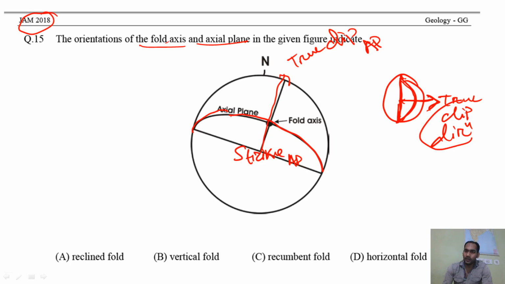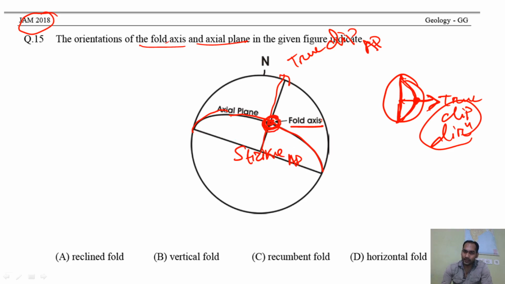Here it is a point. In the stereonet, the point represents a line, which is the fold axis, and the line represents a plane. So here the axial plane is there, this is the strike, this is the true dip direction, and here is the fold axis.